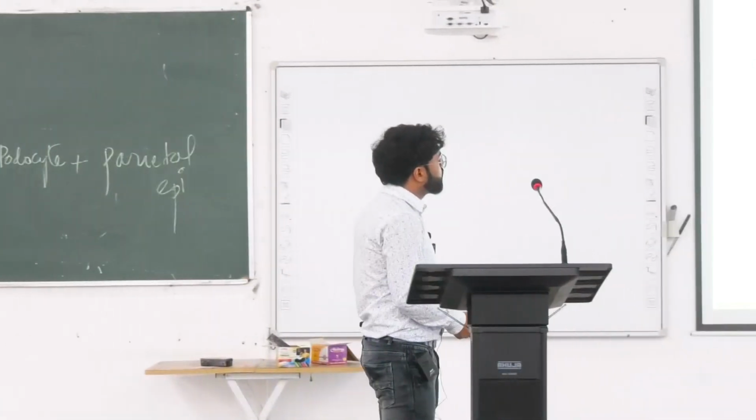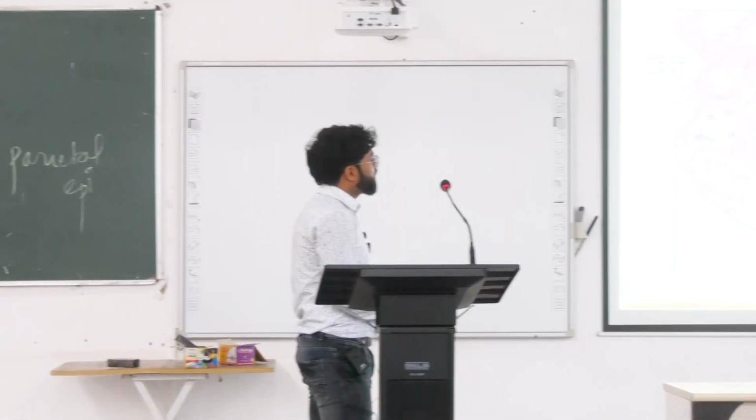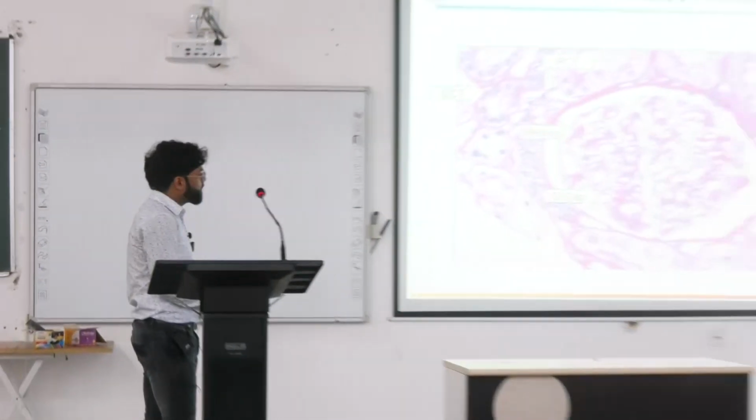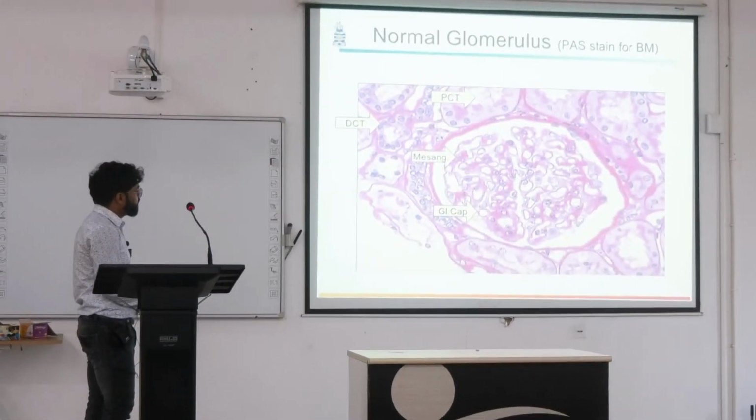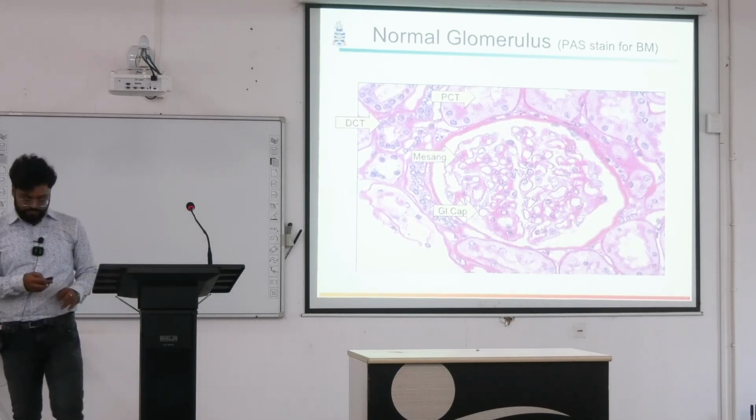See, you can clearly appreciate the basement membrane of the capillary. In between the basement membrane, you can appreciate the mesangium, and they are grabbed by some podocytes, and outside in the Bowman's space, some parietal cells are there.